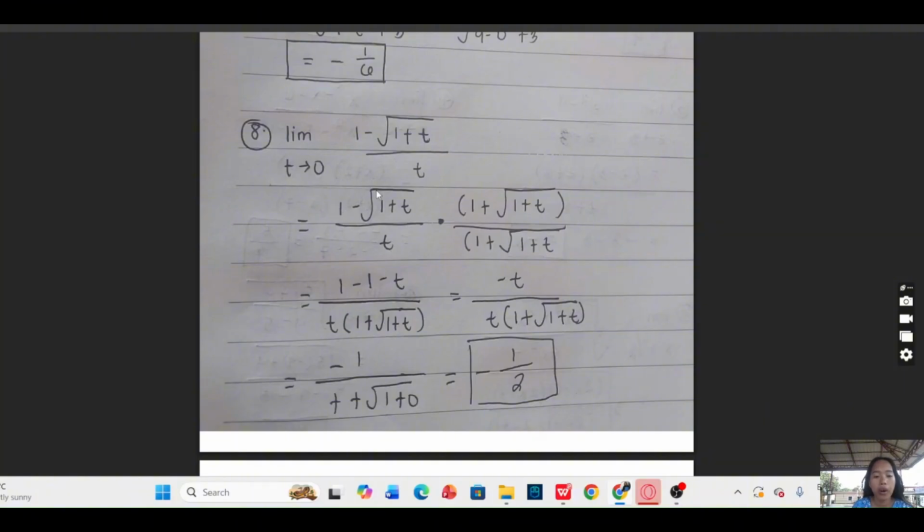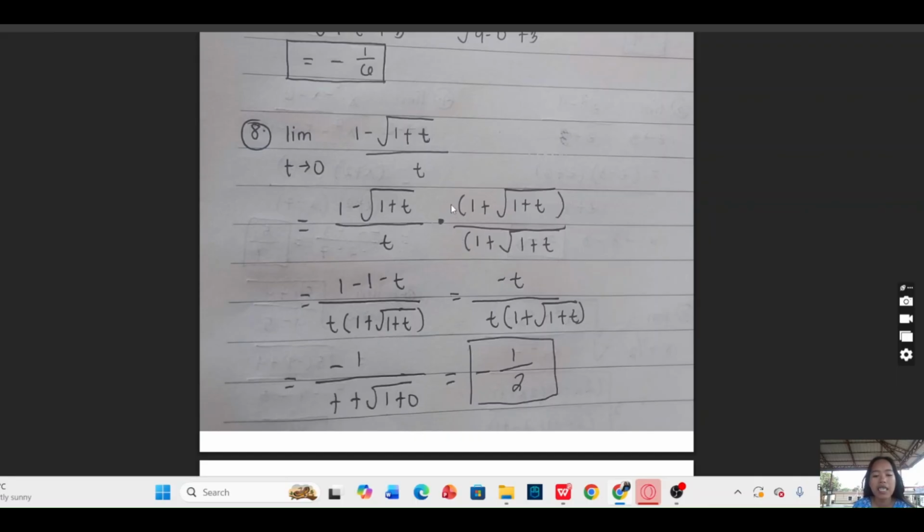So we copy this as our first expression: 1 minus square root of 1 plus t over t, multiplied by the quantity of 1 plus square root of 1 plus t over the quantity of 1 plus the square root of 1 plus t.